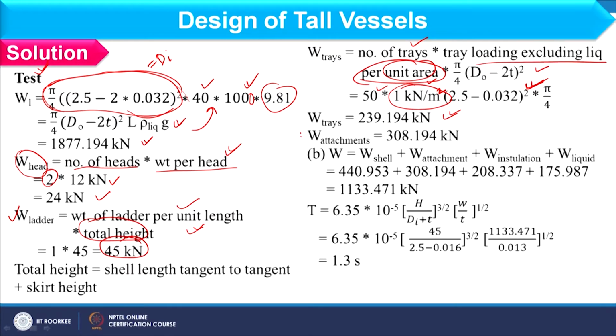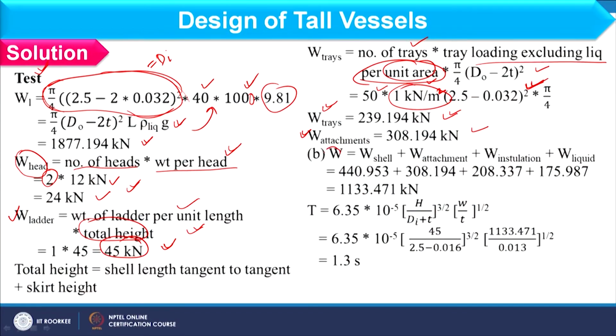In this way we can find out weight of attachments as weight of trays plus that of ladder plus that of heads. Okay. So, total weight of attachment is 308.194 kilonewton, right. So, in this way we complete the first part of the problem. Now, we will focus on the second part where we have to consider the wind effect.